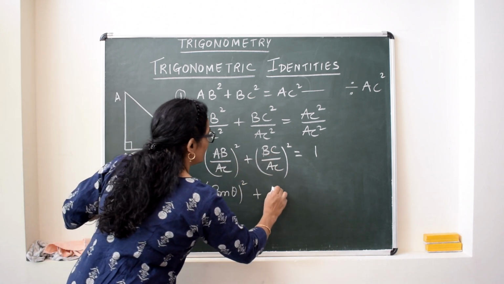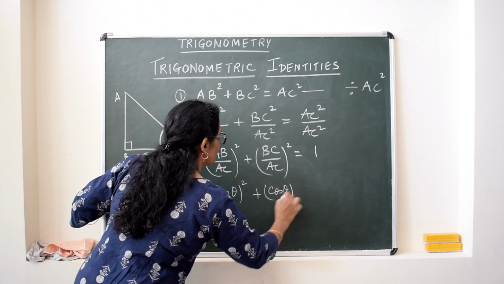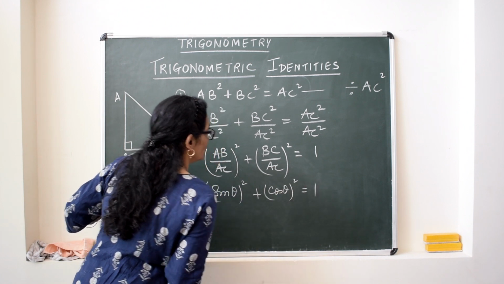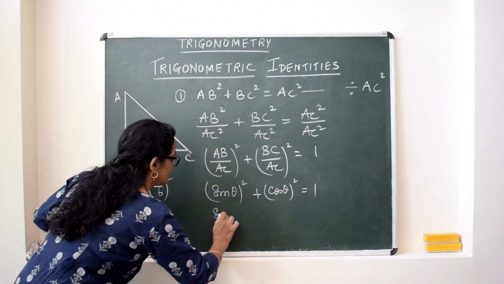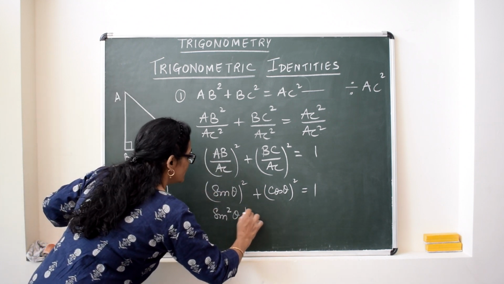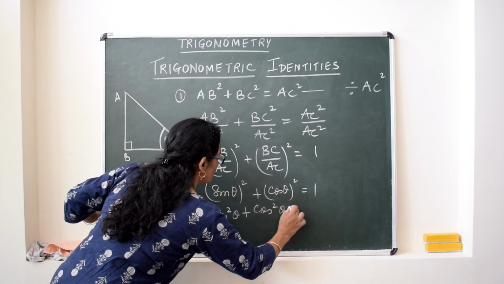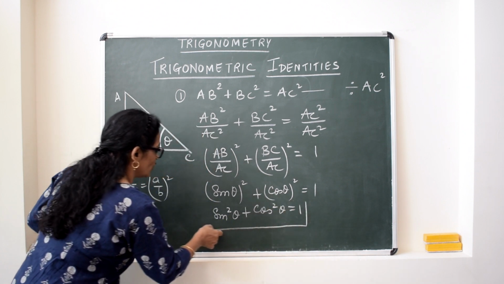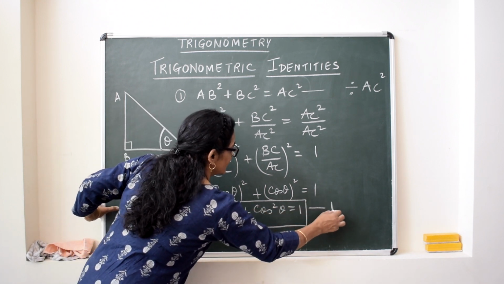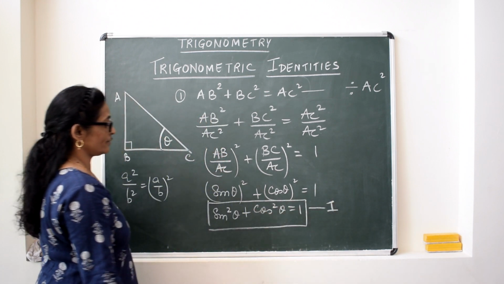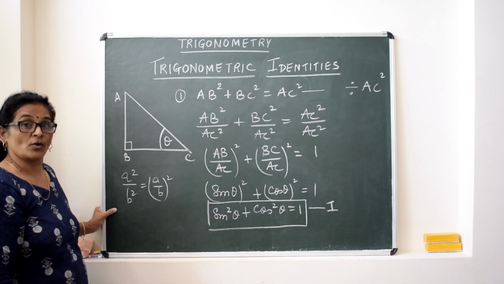So this will become cos theta whole square, is equal to 1. This, as I told you previously, we can rewrite as sin square theta plus cos square theta is equal to 1. So this is the first identity which shows the relation of sine and cos.